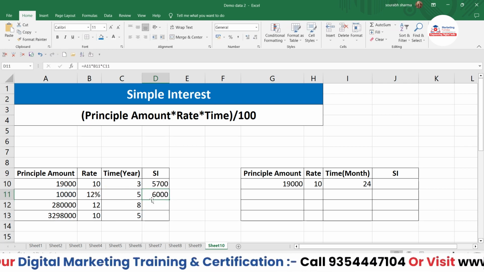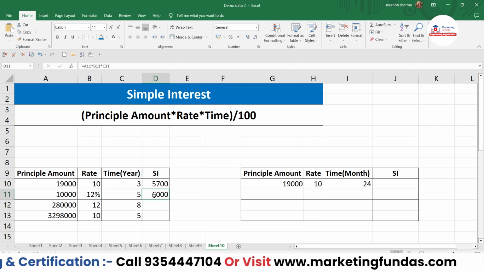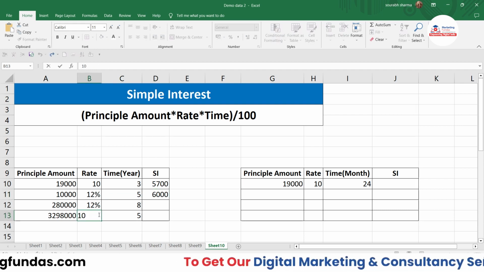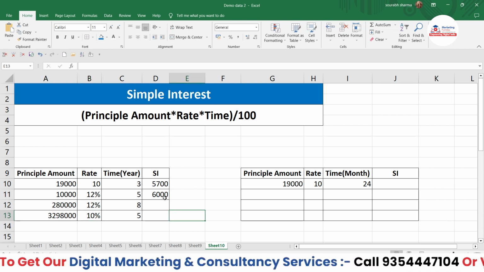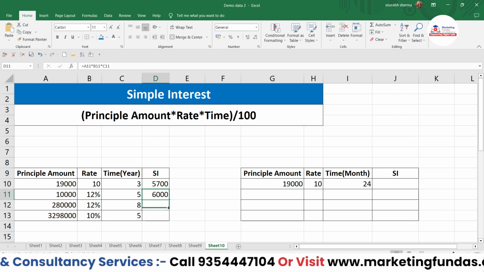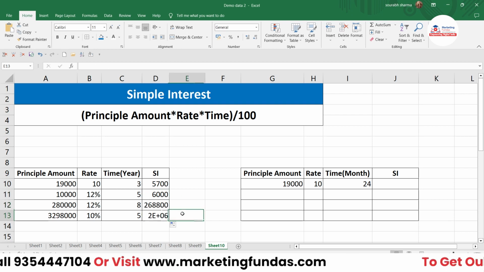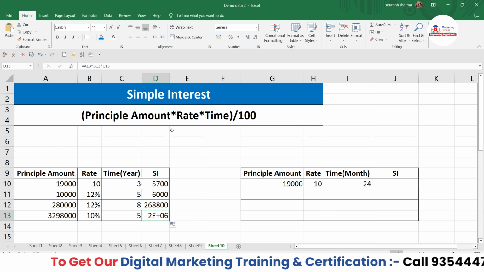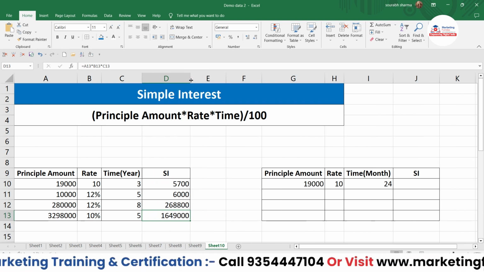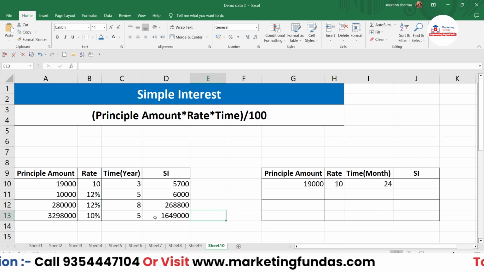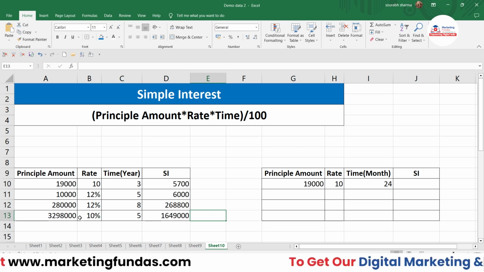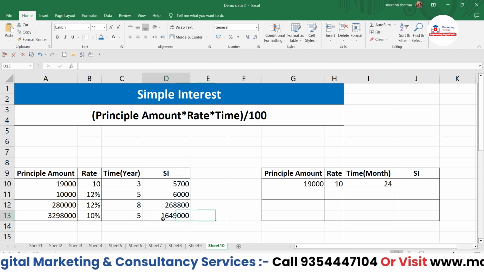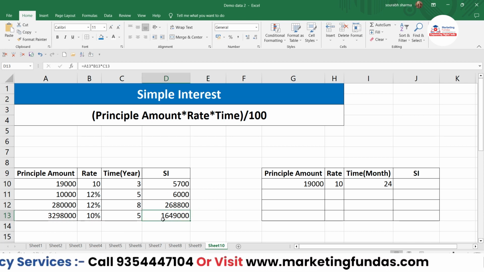And that's the interest you have to pay here, right? And if I apply percentage here and drag it, the formula will be applied here as well, right? Yeah, now it is fine. So this will be the interest of this amount. This is the principal amount, 10% for 5 years. This will be the interest amount, right?